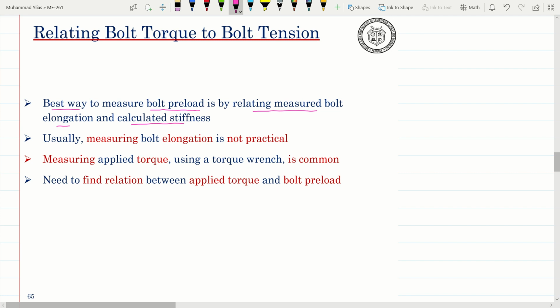From the dimensions of the bolt, we calculate the stiffness, and if we could measure the elongation in the bolt.